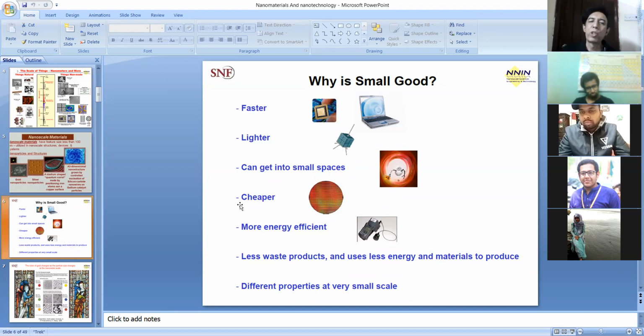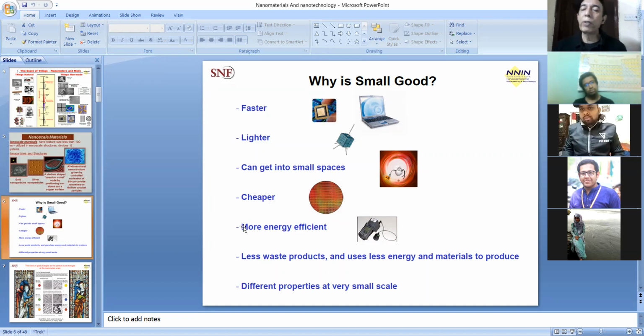And because it is small, you require a lesser amount of material to prepare it, so it will be cheaper. And it is more energy efficient.